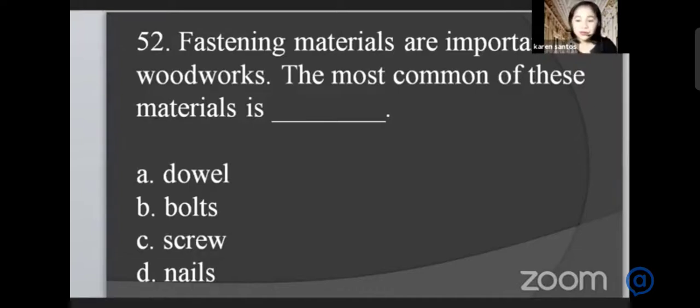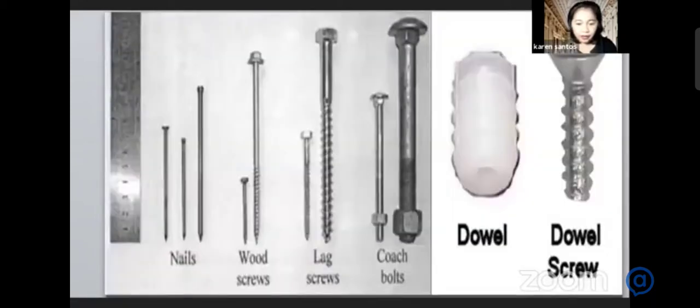Okay, so the correct answer is letter D, which is the nail. Nails are the most common material used to fasten pieces of woodwork. So that is the example of nails, dowel, screw, and also bolts.